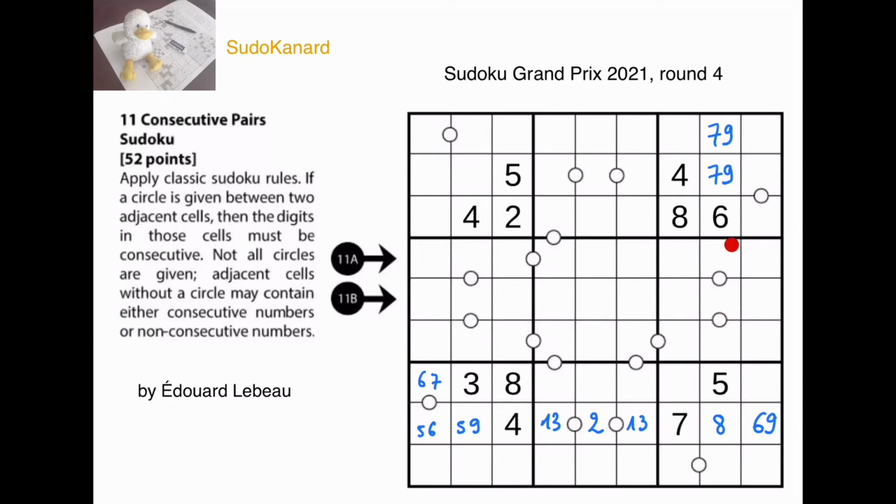Now, what do we have here? The remaining digits in this column are 1, 2, 3, and 4. So this is either 1, 2, 3 or 2, 3, 4. In both cases, we have 2 or 3 here. And the missing digit will be 1 or 4 here. 1 would be with a 2, and 4 would be with a 3, because 5 is not available.